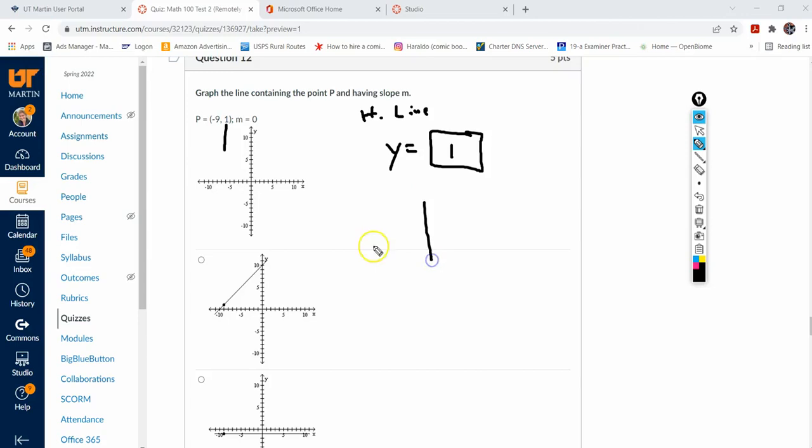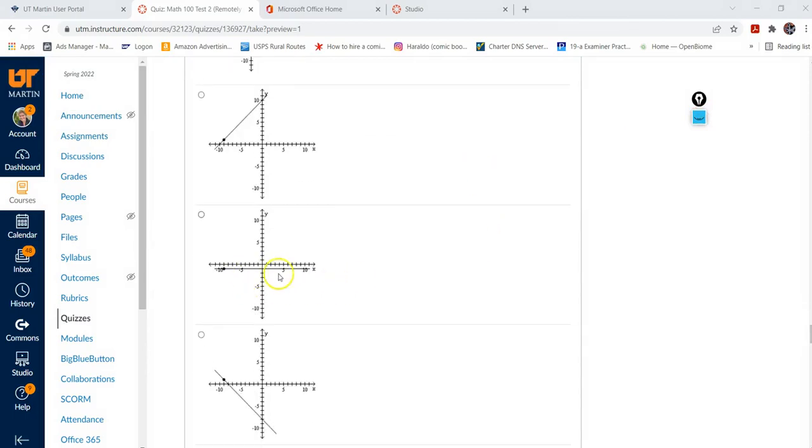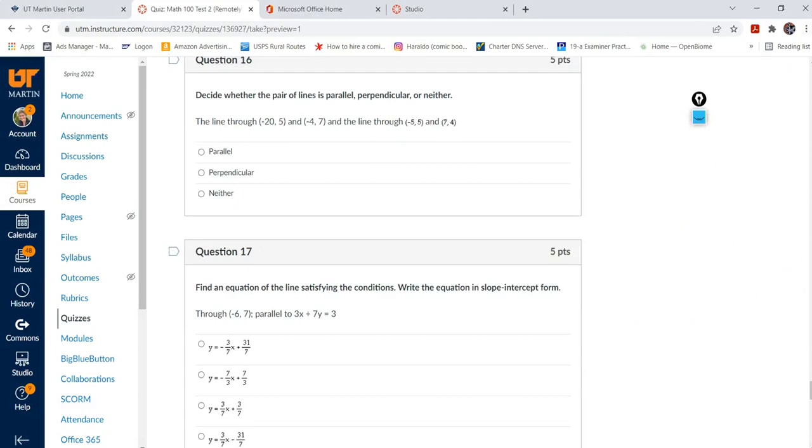So what does y equal 1 look like? Well, if that's where 1 is, then the line y equals 1 is the horizontal line that goes through that. Okay. And now we should be able to see it's not going to be that. That looks like the horizontal line y equals -1. That's going to be the one we want.